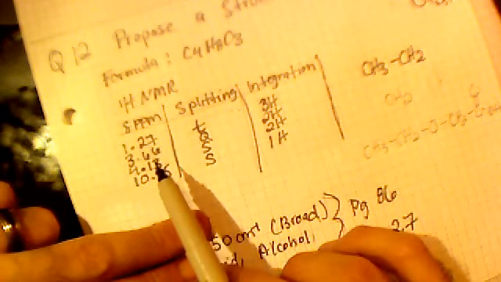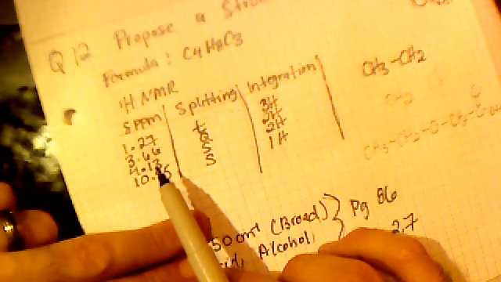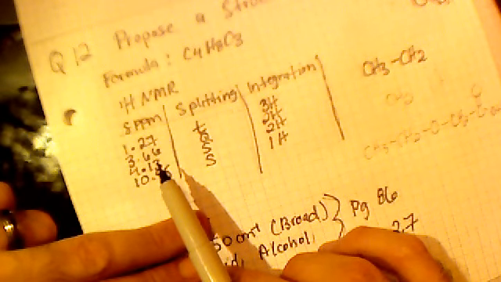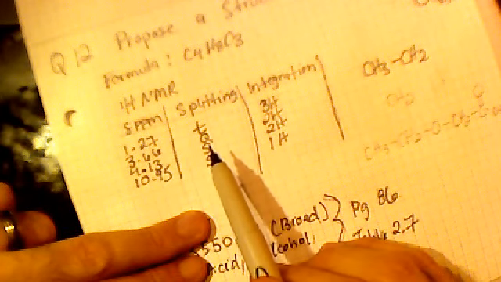Then there's a 2H that's even closer to an electronegative oxygen, and it's a singlet, so it's not near any hydrogens.